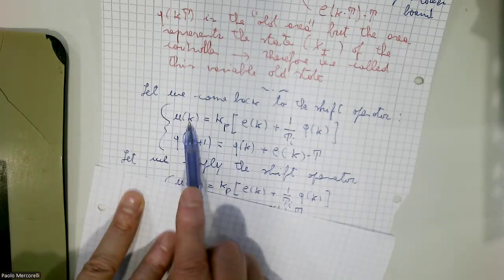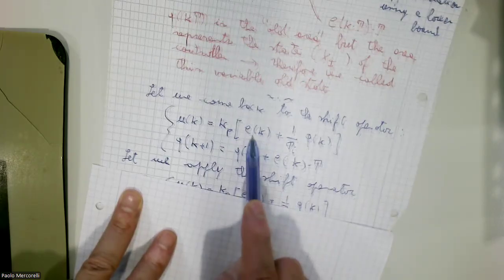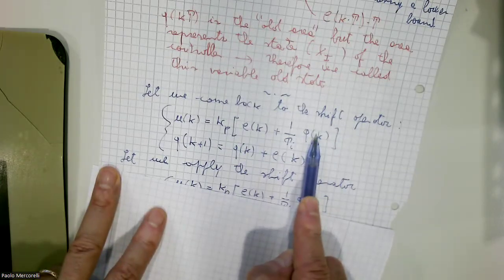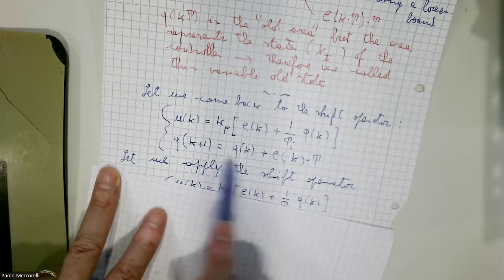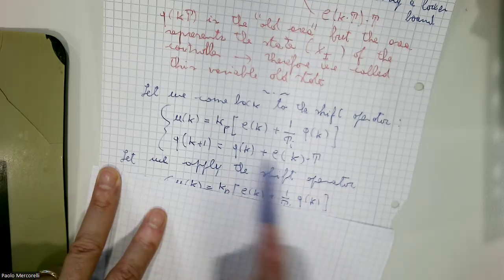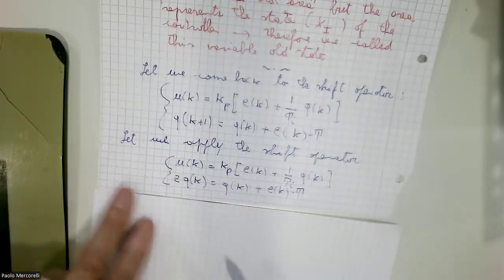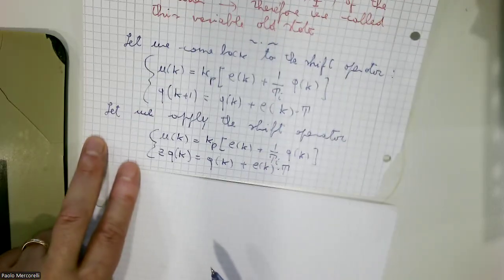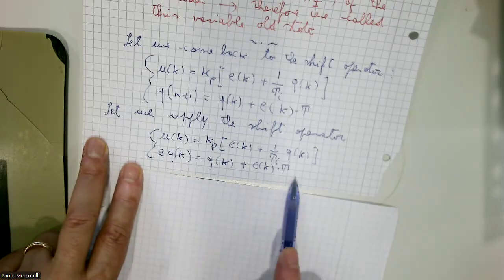If I want to calculate u of k plus 1, here I have k plus 1, because here we don't have dynamics, but here we have a dynamics, which is characterized by the integral. Q of k plus 1 is this one, the old plus the new. Everything is known. Now we can see here. Here I introduce this shifting.